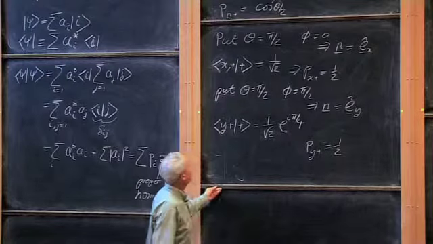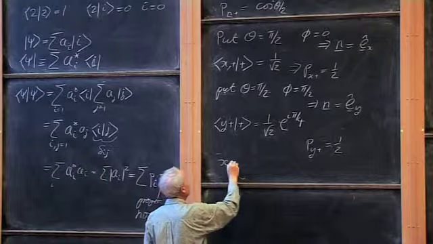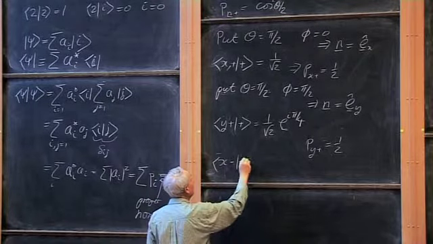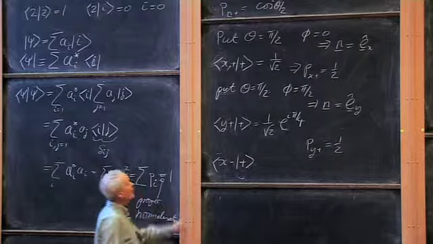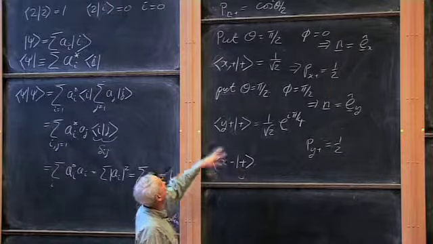If we calculate the corresponding negative amplitudes, let's calculate x minus, the probability. Let's find the amplitude that it's pointing minus on x.